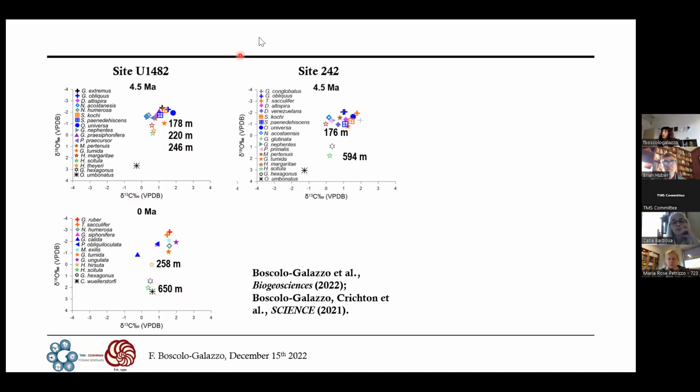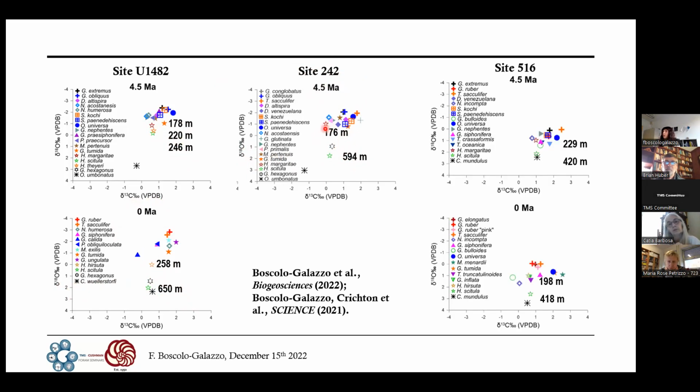Site 242, tropical Indian Ocean, 4.5 million years ago, and we find again margaritae and scitula down here in oxygen isotope space with more positive oxygen isotope value and a deeper depth habitat reconstruction compared to that of Hirsutella margaritae. Site 516, mid-latitude South Atlantic, 4.5 million years ago.